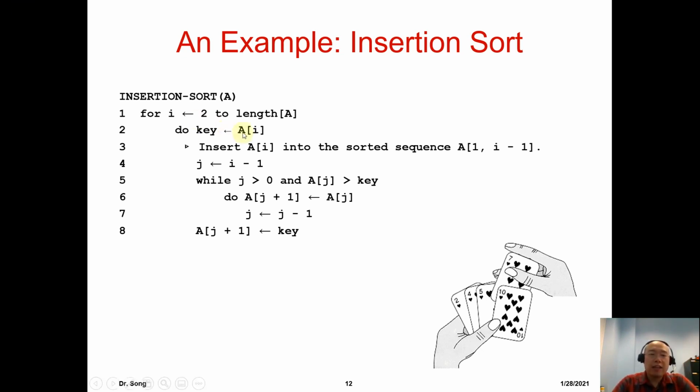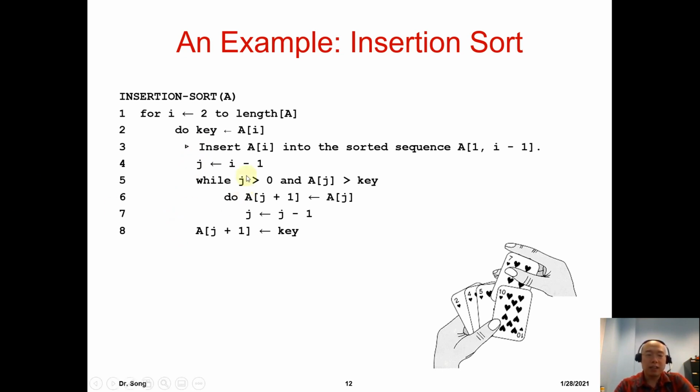We assign A[i], at the beginning i will be 2, so A[2], to the key. So the key is the value we are trying to find the right location for. Our goal from line 3 to line 8 is to find the right location for the key, and the key holds the value of A[i]. And how do we do that?